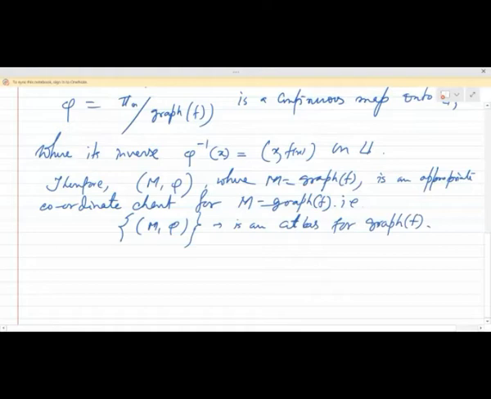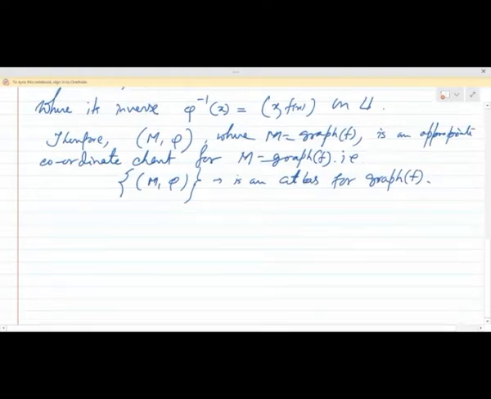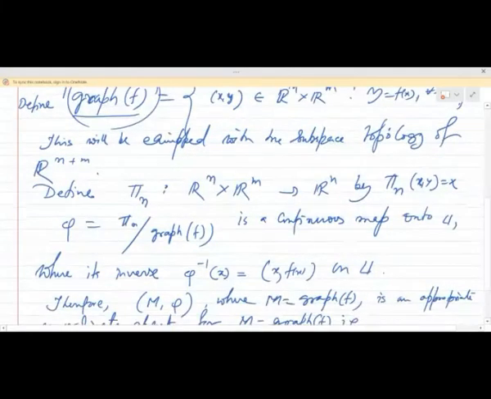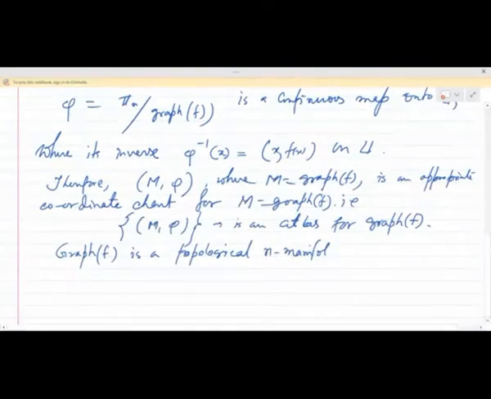So this proves that the graph of f is a topological n manifold.